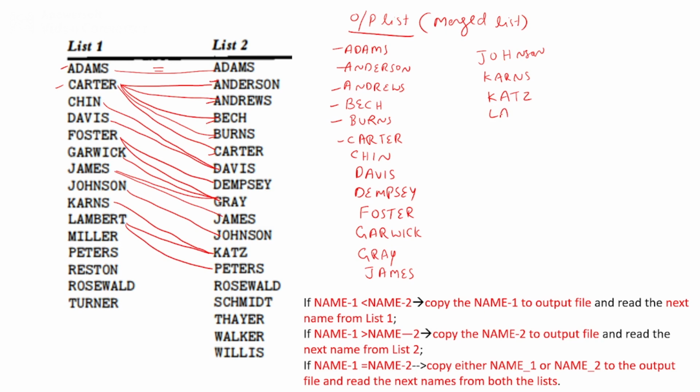So Lambert I will write. Then comes these two, Miller and Peter. So Miller I am going to write, which is smaller. Then comes Peters and Peters. So I will write Peters.